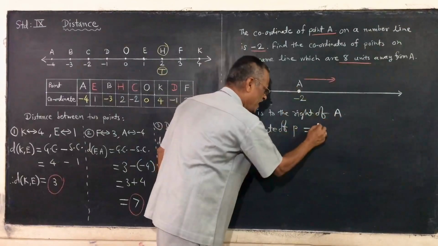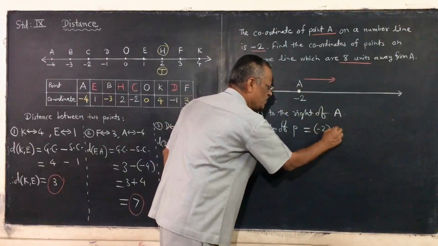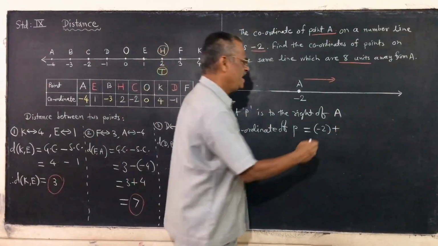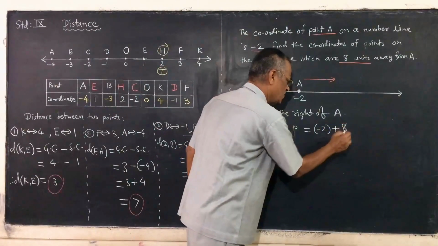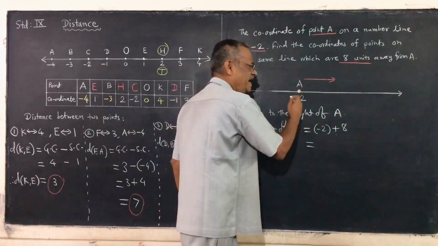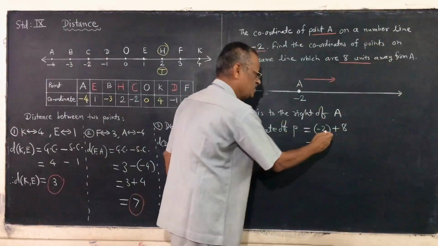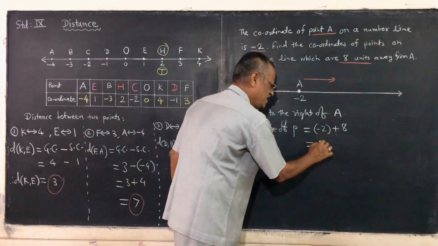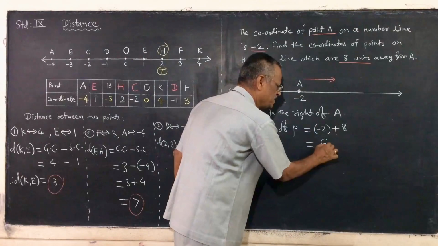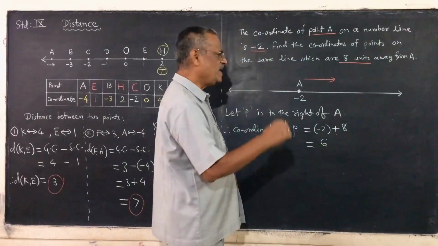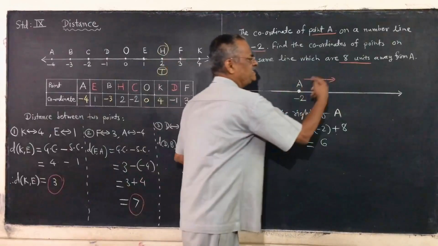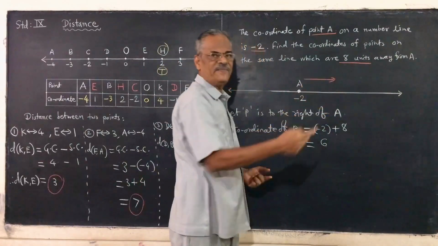Coordinate of A that is minus 2 plus we are going away at 8 distance. So 8 units we are going away from the point A to the right hand side. So add that distance, and minus 2 plus 8 will be 6. So that is the coordinate of P at distance 8 away from A.